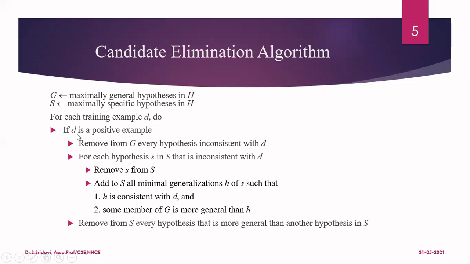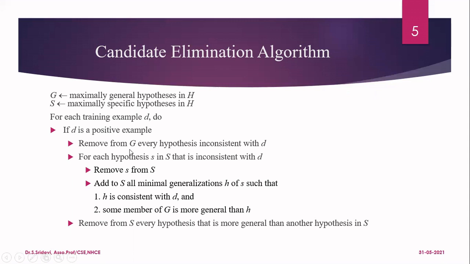If the given example D is a positive example, then we are first going to work with the general boundary. From the general boundary, we have to remove any hypothesis that is inconsistent with the given training example. This is the only operation we will do with respect to the general boundary when the example is positive.